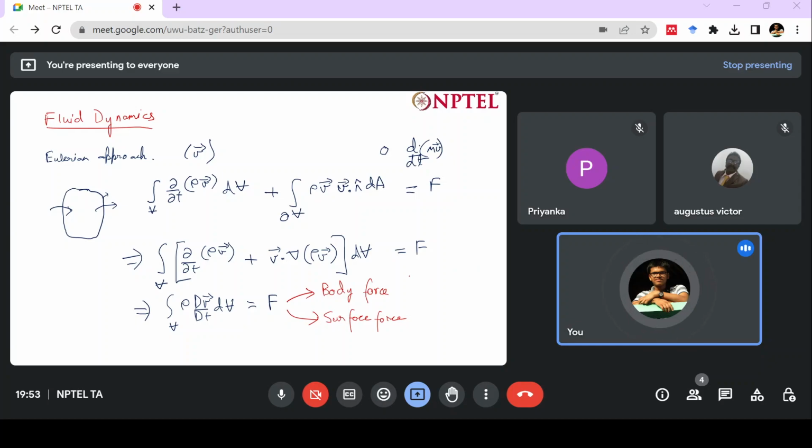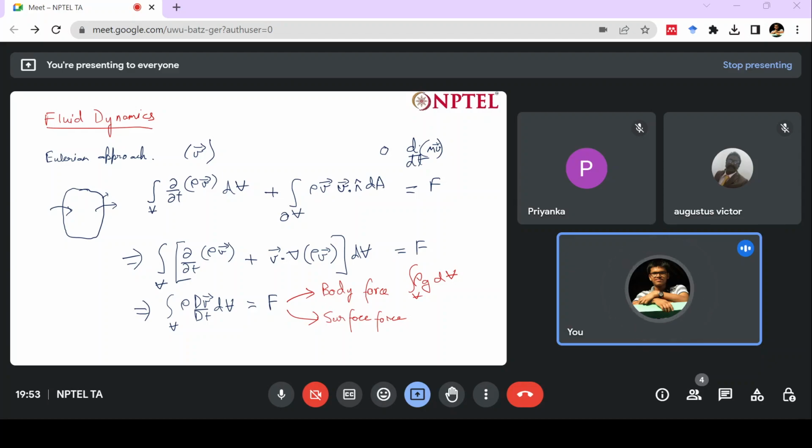For example, gravitational force is simply rho times g across the whole volume, so the integral of rho g dV is my body force. If I am talking about electrostatic force, then I will have charge density instead of mass density and my electric field, integrated again over my whole volume to get the body forces. These are easier to deal with.